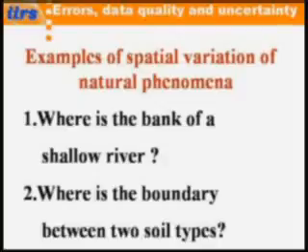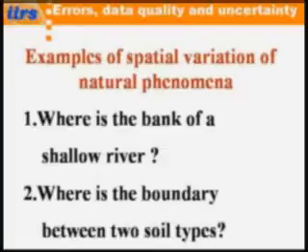And as I said earlier, where is the boundary between two soil types? Is it possible to put an exact boundary, so that the left side of the line is one soil and the right side is another soil? These things also have to be taken care of. They may not be errors, but they are naturally occurring, so we have to be very careful.